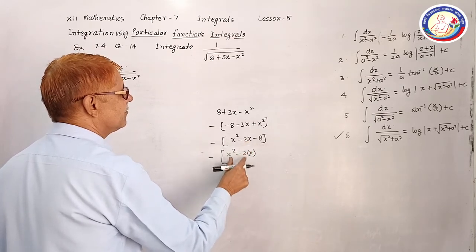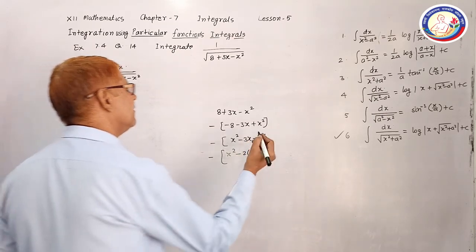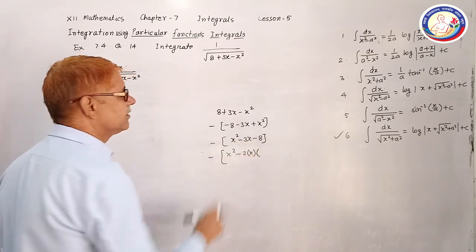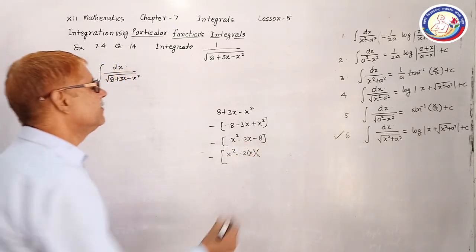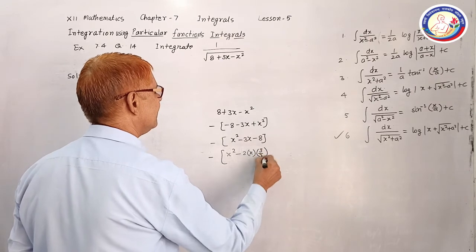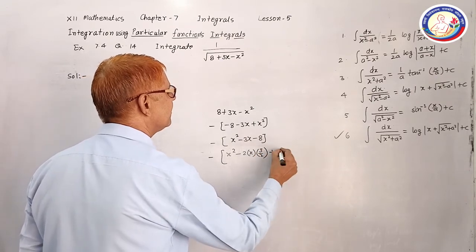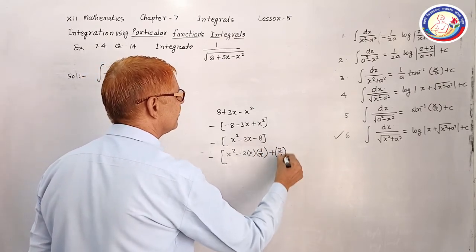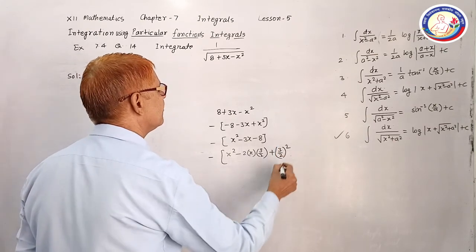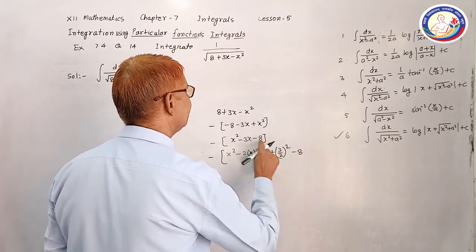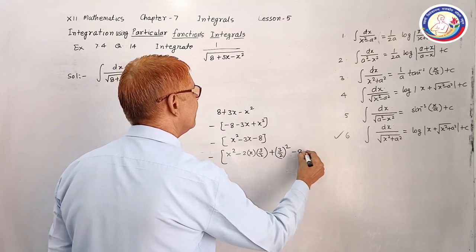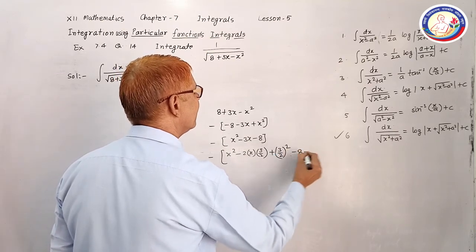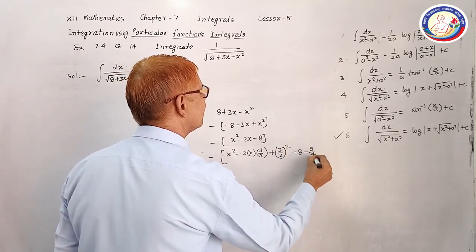So we will make square of difference, 2x into half of this 3, that is 3 by 2. And add 3 by 2 whole square, that is 9 by 4. Then this is minus 8 is already here and minus 3 by 2 whole square, that is 9 by 4.